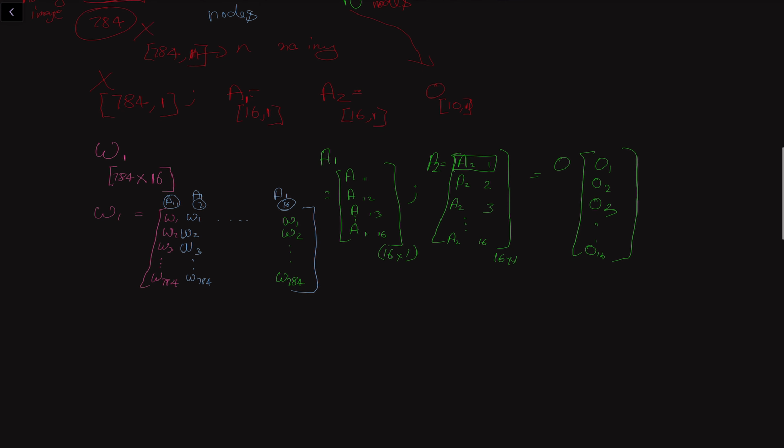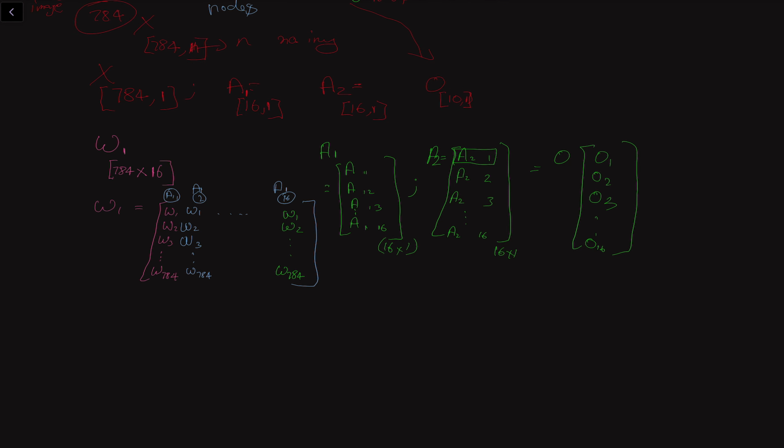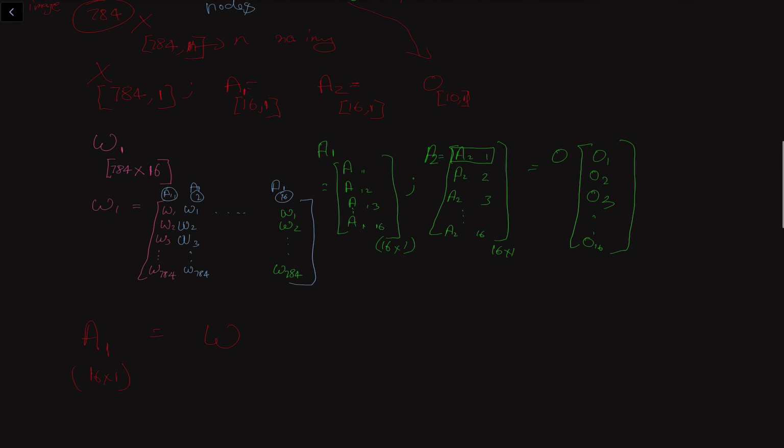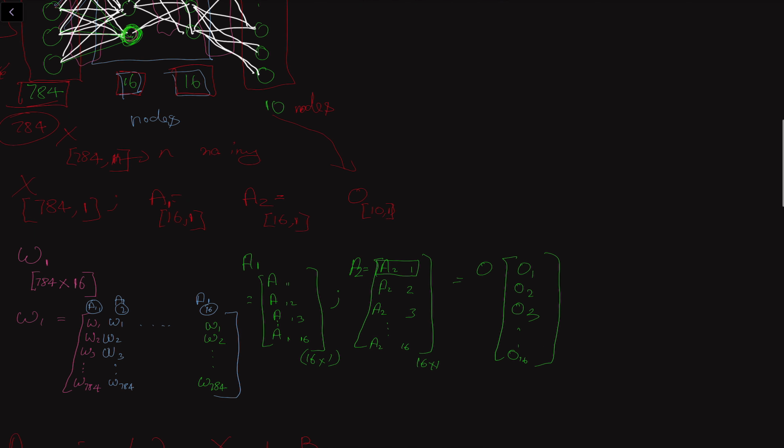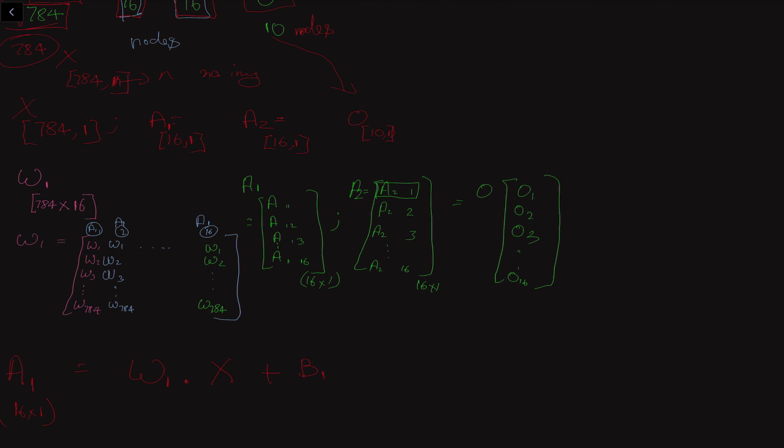Okay, so let's see how A1, which is 16, 1, equals W1 dot X plus B1. And obviously every node has a bias, so it will be same as this A1, which is nothing but 16x1.